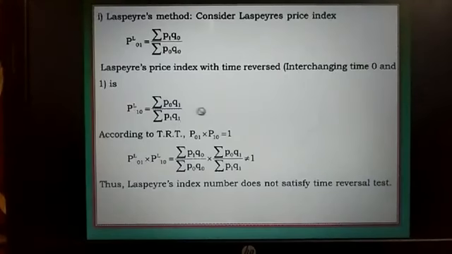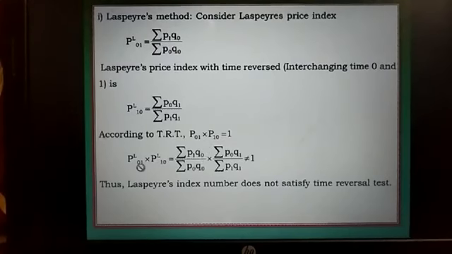Again we know multiplication by 100 is not present. So according to TRT, it has to satisfy P01 multiplied by P10 is equal to 1. Correct?